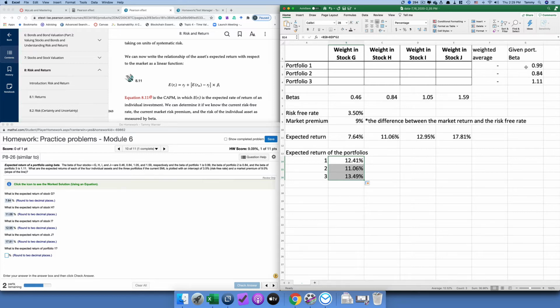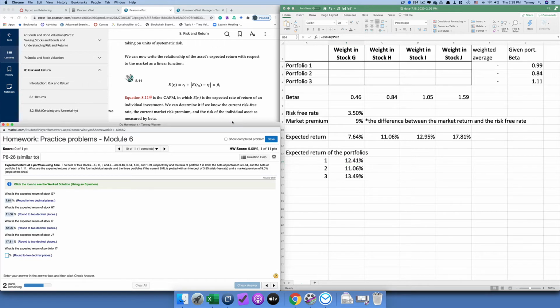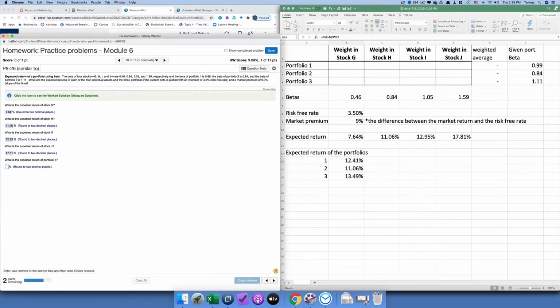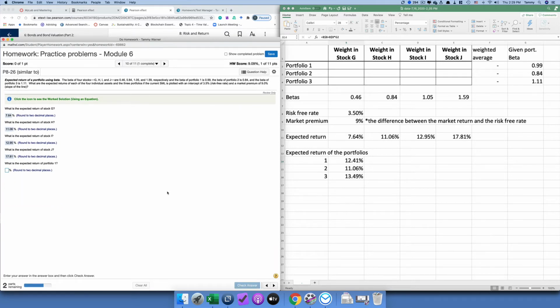With a beta of 0.99, that's going to get us to pretty much 12.5, right? 12.41. So this makes sense from an eyeballing perspective as well. And so what that means is if you have a portfolio with these weights and with these betas that are kind of all over the place, you can wind up with a portfolio that looks a lot like the market.